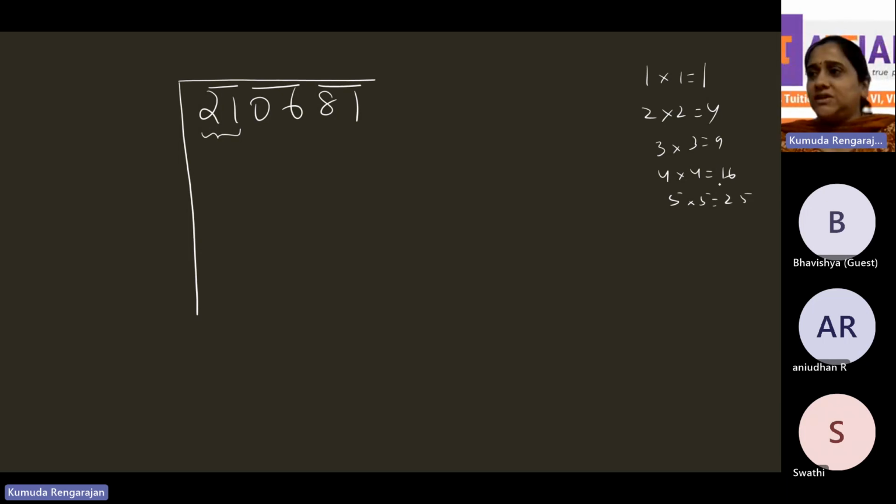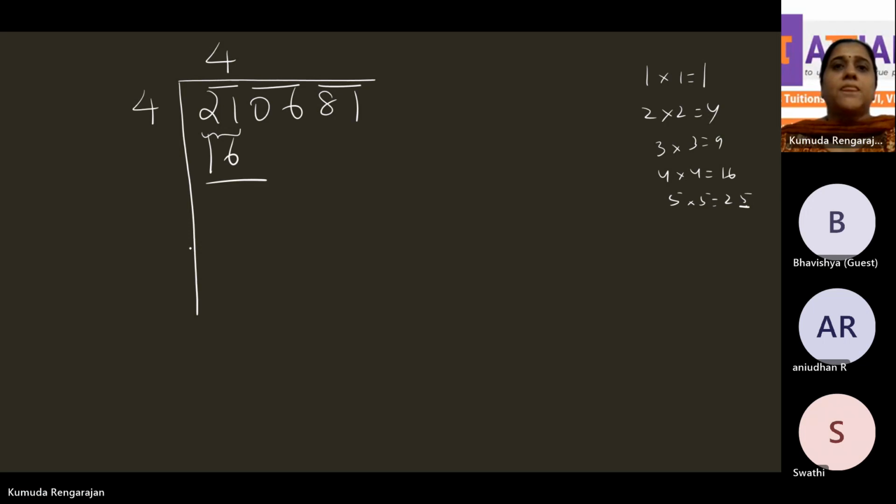So what is it? 16, because 25 is more. So a number just less than that is 16. Correct? 4 fours are 16. So see how you write it. 4 fours are 16. You must write everything there.